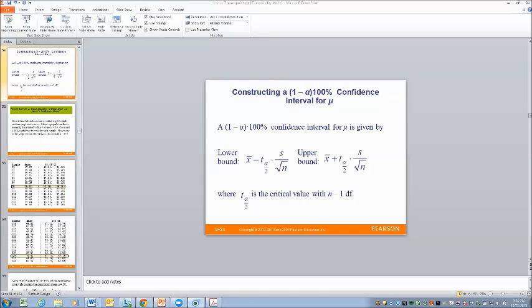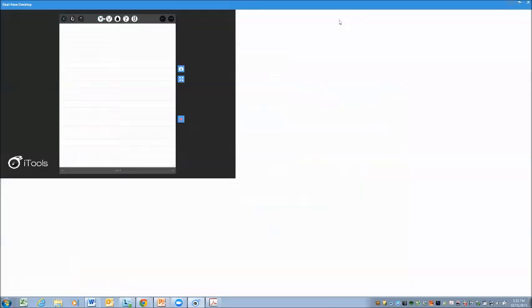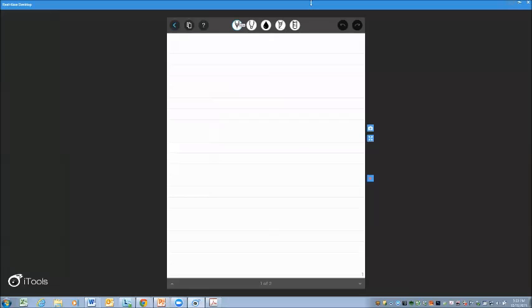Let's suppose that we have that x bar is equal to 27.6, that the standard deviation is 3.2, and we have n equals 16.